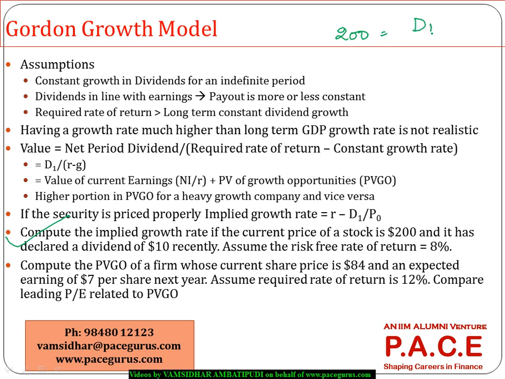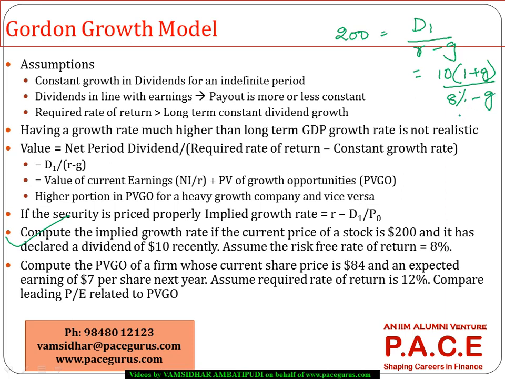You can find out the implied growth rate, D1 by R minus G. It has declared a dividend of 10 recently. So in the next period, the dividend is going to be 10 into 1 plus G. You have to be careful about D1, the next period dividend, by R minus G, 8% minus G.